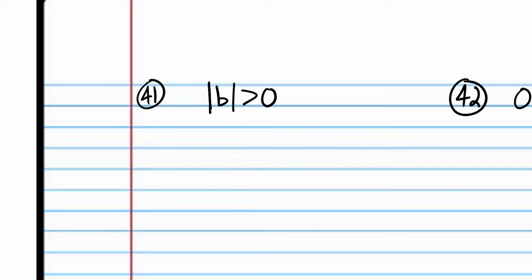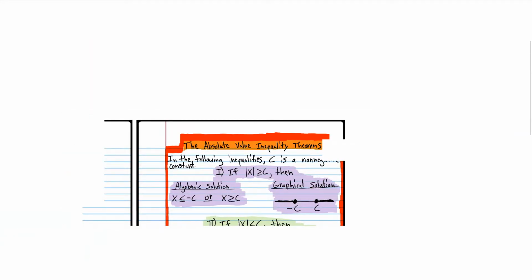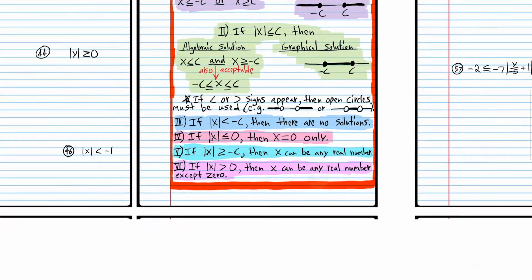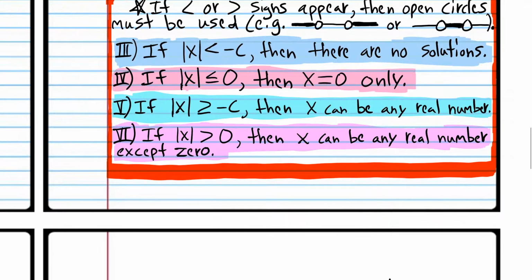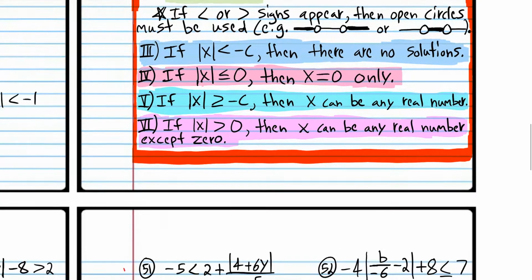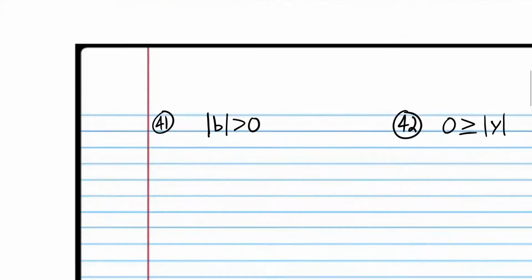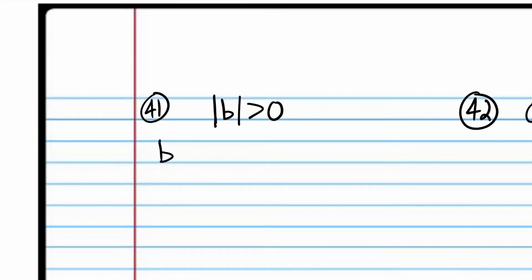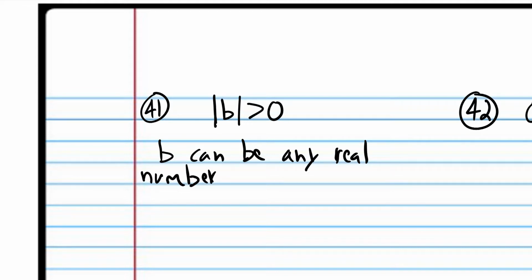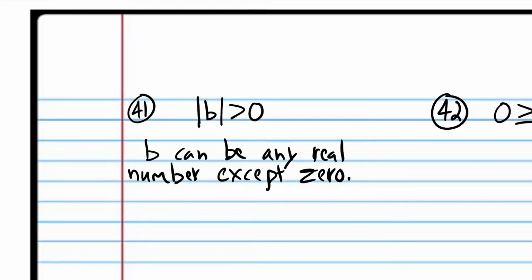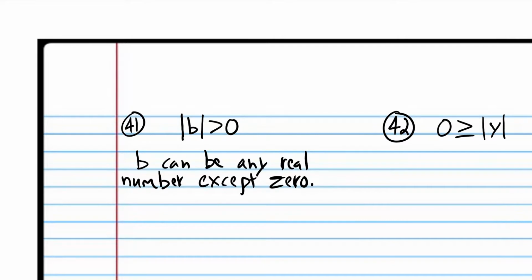So in that situation, that's the purple on the very bottom here. X can be any number except 0. So b can be any real number except 0. And let's put that in red, because again, that's a special situation.